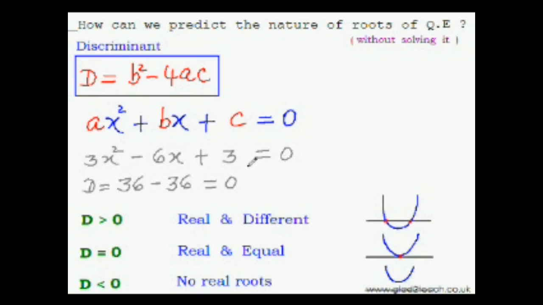That means the roots of this quadratic equation would be real and equal. Well, if you were to actually solve this equation, then you could have even confirmed your prediction. The roots of this equation are x equal to 1 and x equal to 1. That is equal. That means this point is 1.